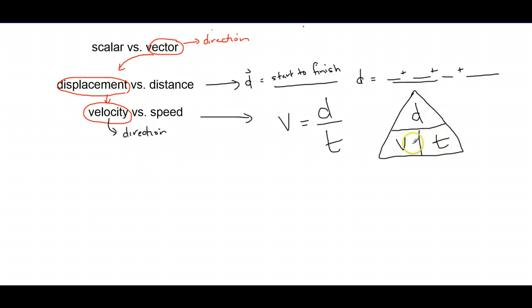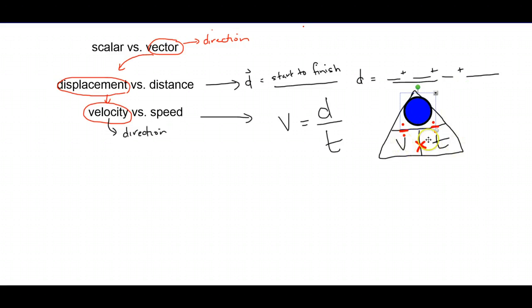Figure out the one that you're solving for. So if you're solving for displacement or distance, you want to cover this one up, and it'll tell you what to do with the remaining two variables. So if there's a horizontal line, it's division between them. If there's a vertical line, you're multiplying. So if I were to make a shape that we could use here to use as our cover upper, if we're solving for displacement, cover it up.